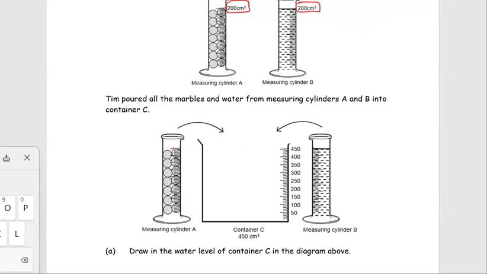Even if you pour A and B in, although each is at the 200 cubic centimeter mark, these marbles will not take up 200 cubic cm of space, because there are a lot of air spaces in between.